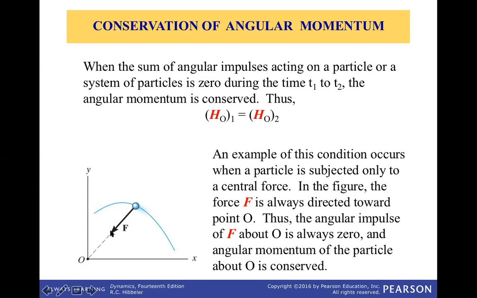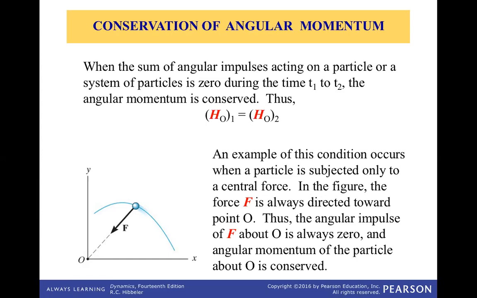The moment is equal to r cross F, and the two are in opposite directions, so the angle theta is 180 degrees. Sine of 180 becomes 0, so the moment of the force is 0.